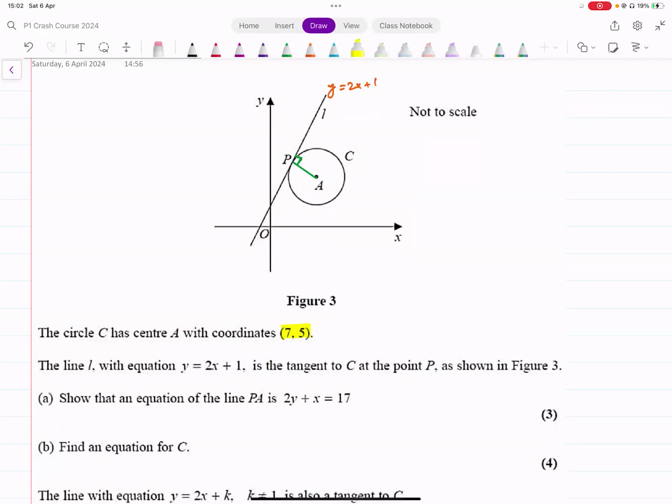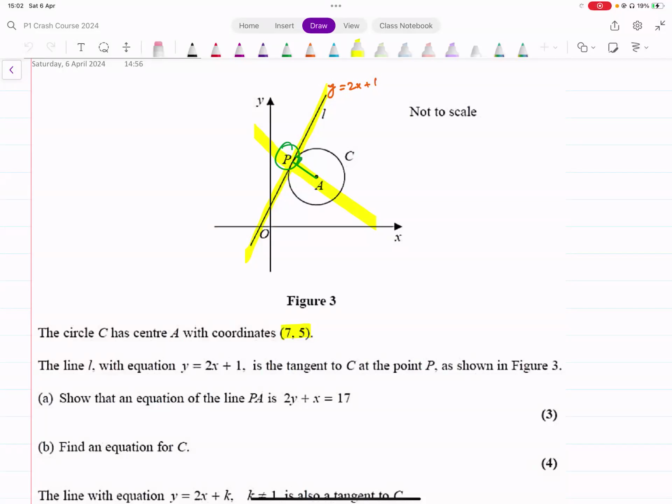Find the coordinates of P, we already have A. So P is the point of intersection of the line L and the line PA. So what we first have to do is find the coordinates of the point P. Because once we have the coordinates of the point P, then we can just find the distance between point A and point P, right? And that will be the radius.